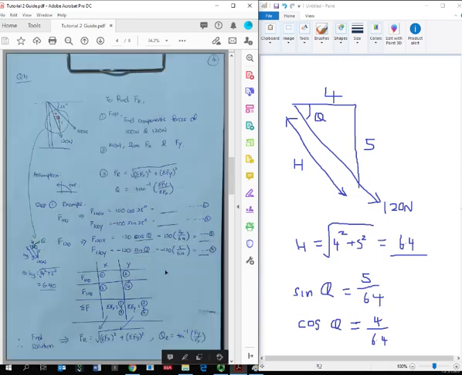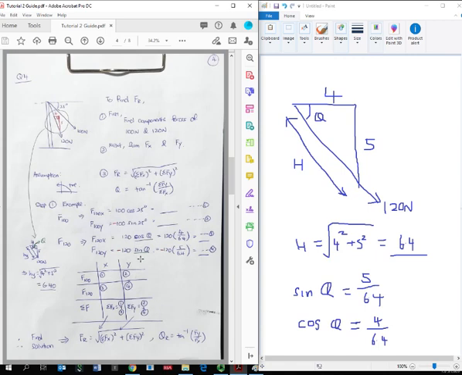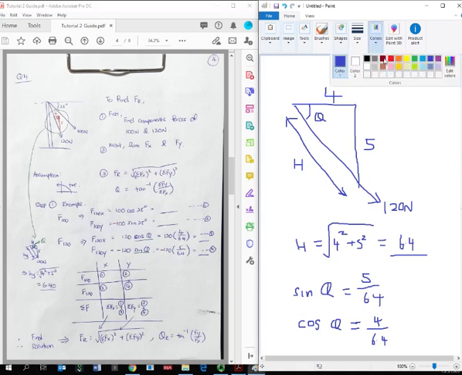What's the next thing? Take care of the direction for both formulas as well. Which one is negative? Both of the forces are moving down, whether it is the 120 or the 100.